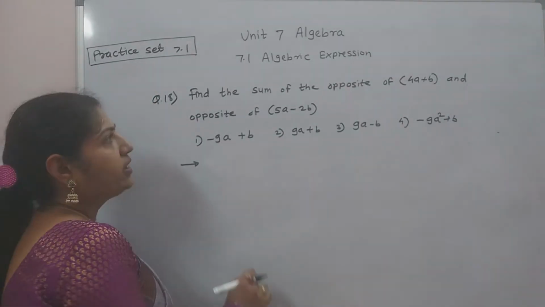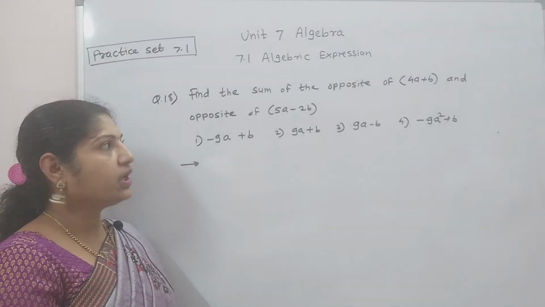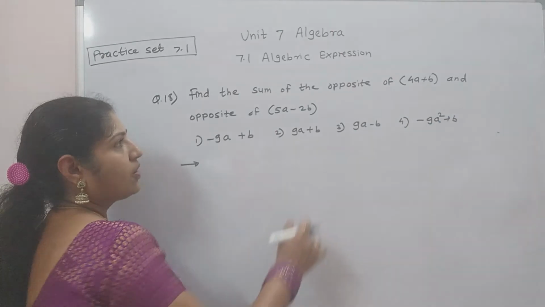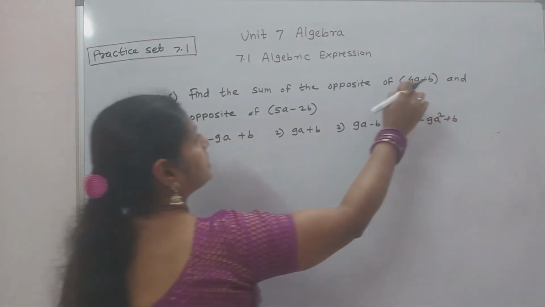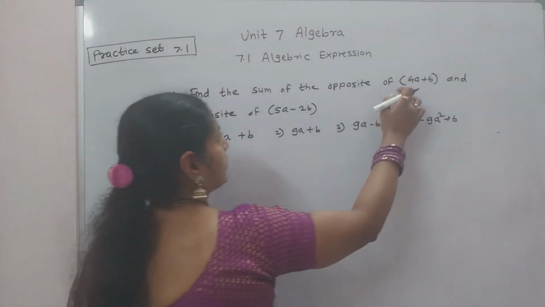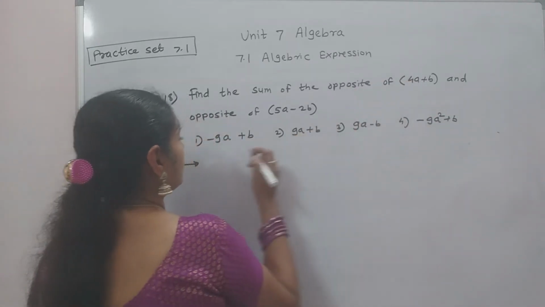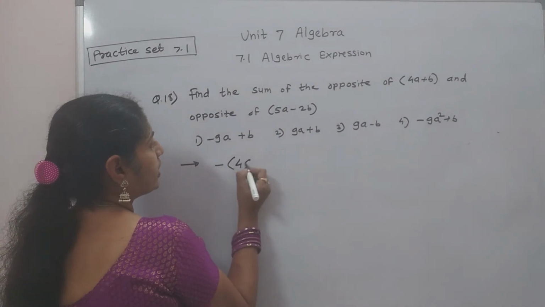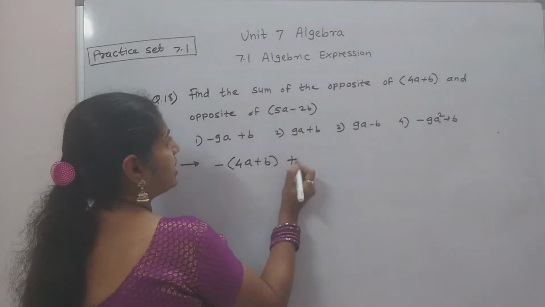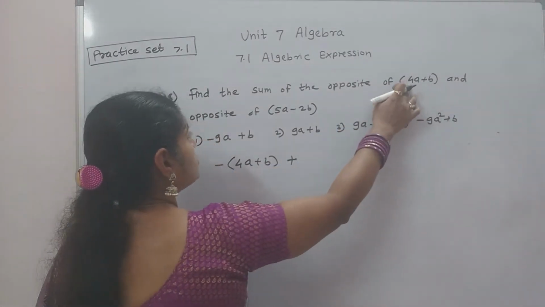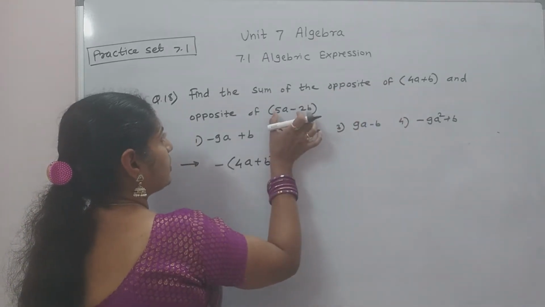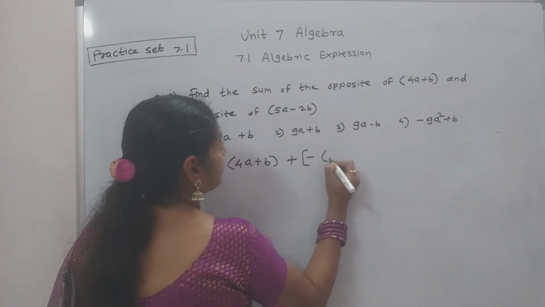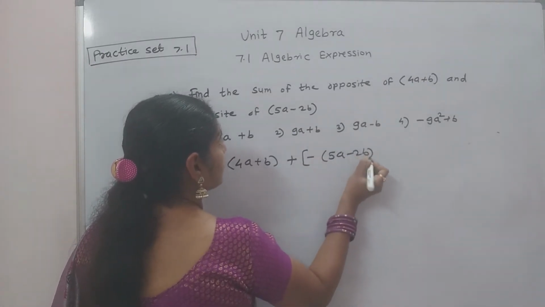Next is find the sum of opposite of 4a plus b and opposite of 5a minus 2b. Opposite of this number, that is the positive number, take the negative. Opposite of this number is negative 4a plus b, plus the opposite of this number, that is minus 5a minus 2b.